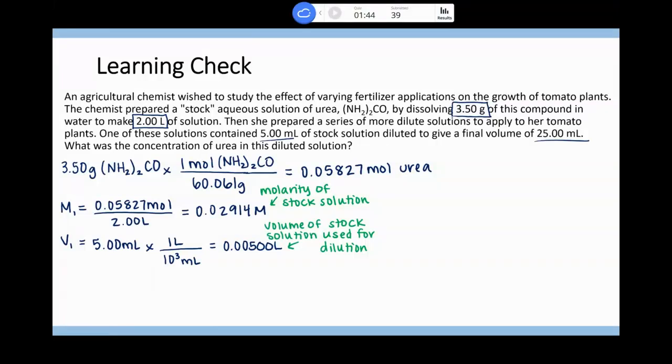This is the volume of the stock solution used for dilution. So we have M1 and V1.